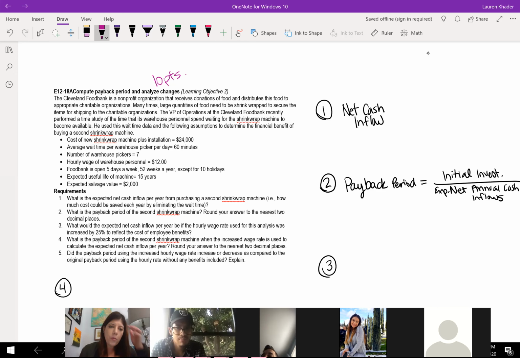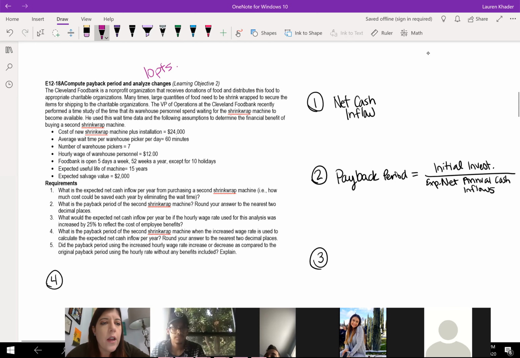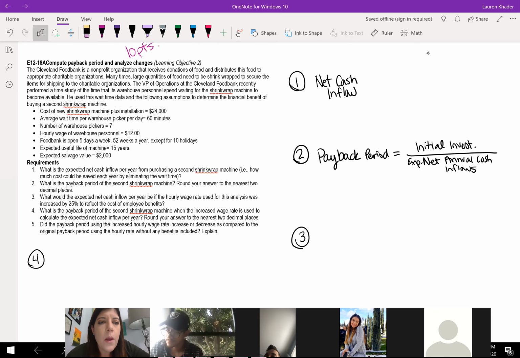The Cleveland Food Bank is a nonprofit organization that receives donations of food and distributes this food to appropriate charitable organizations. Many times, large quantities of food need to be shrink wrapped to secure the items for shipping to the charitable organizations.